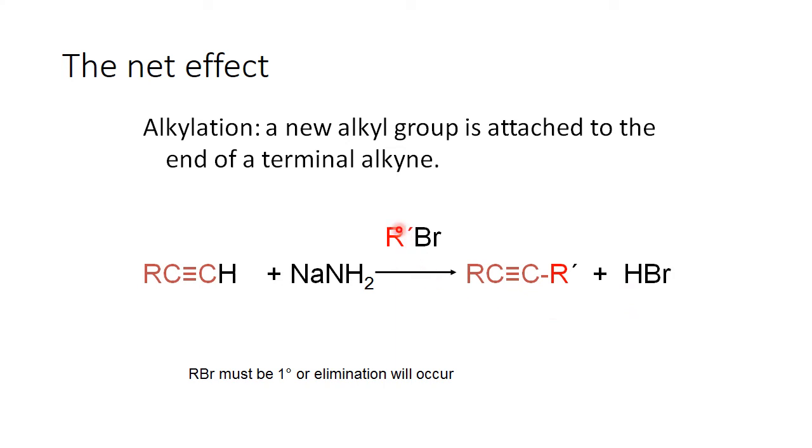So the substrate here, where the R' is written, basically is added onto a terminal alkyne. So what do you do? You take the terminal alkyne, you treat it with a strong base like sodium amide, and then afterwards you mix the substrate with it. The alkyne anion then does SN2 on the substrate.